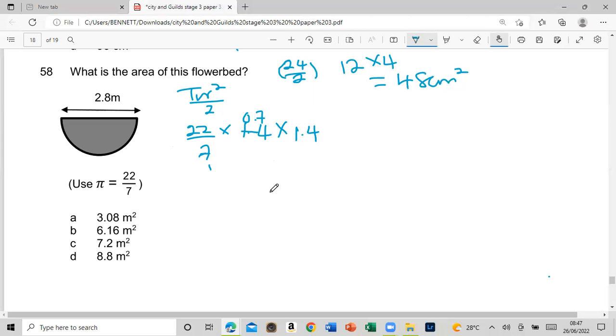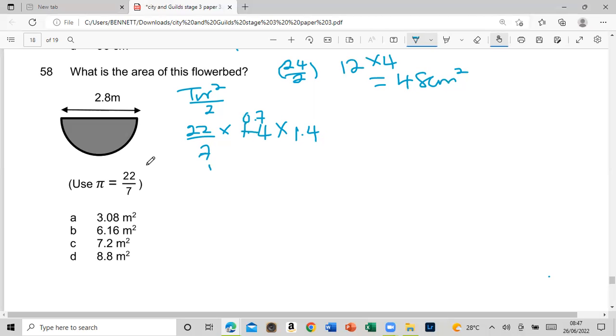And then now, I don't see the answer. I'm missing something. What is the area of the flower bed? So it's pi r squared. So 2.8 divided by 2 is 1.4, right?